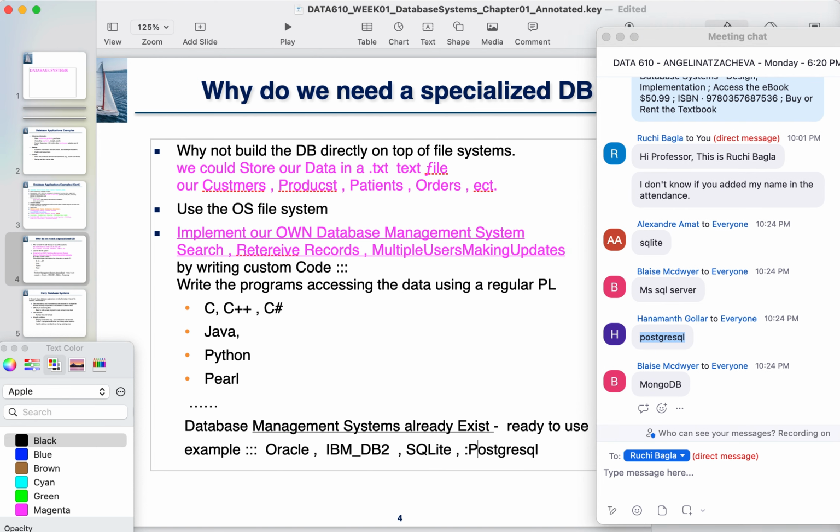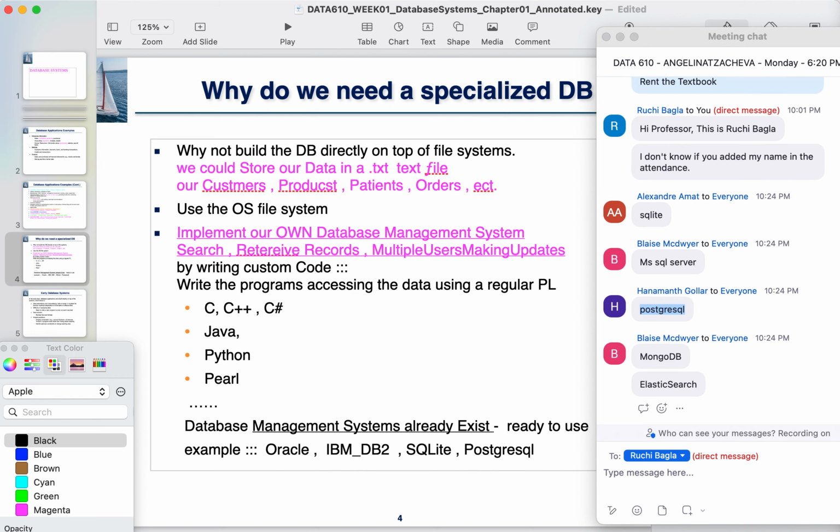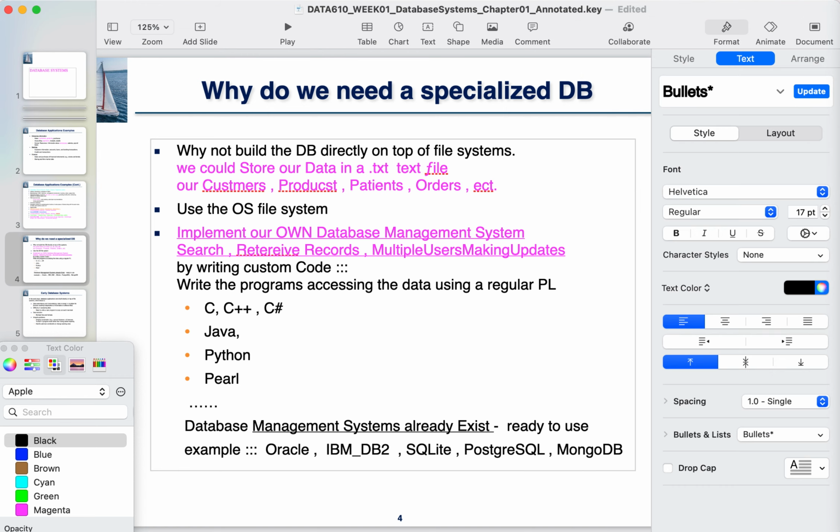PostgreSQL, MongoDB, Elasticsearch. Very good.